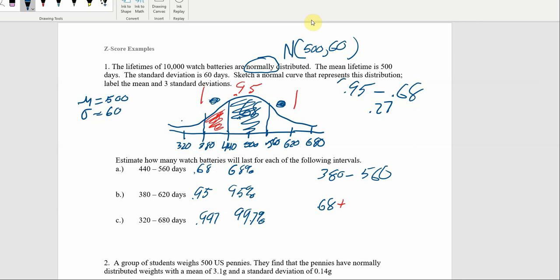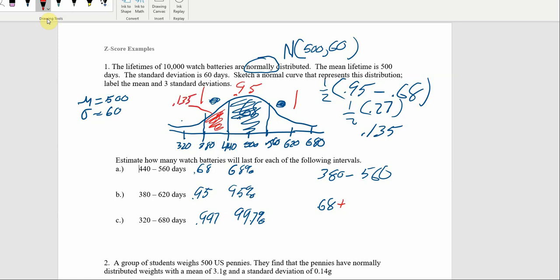So 1/2 of 0.27 is 0.135. So in this area right here, we've got 0.135.